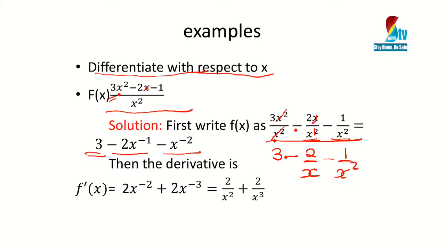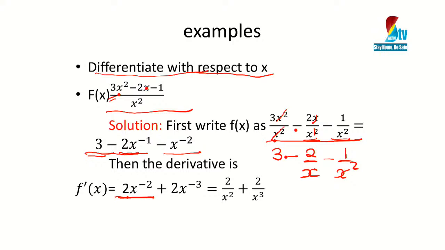Remember, the derivative of a constant is 0 because the gradient is 0. So we start by differentiating the second term. It's going to be negative 1 times negative 2, giving us positive 2, and then negative 1 minus 1, which is going to give us negative 2. So it's going to be 2x raised to the power negative 2. And then we differentiate the last term here.